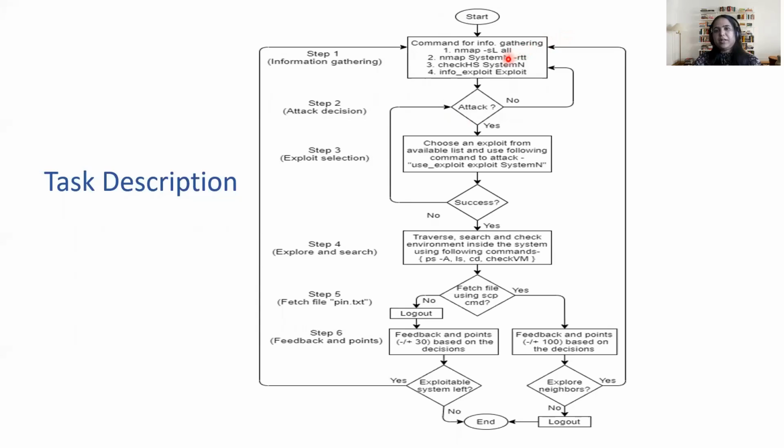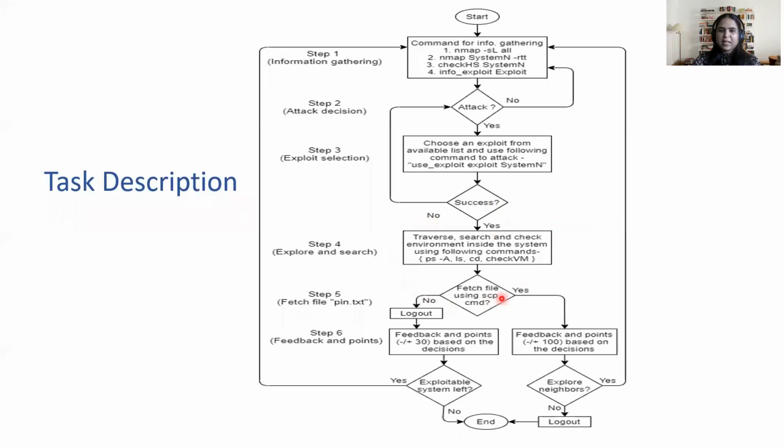Otherwise, they can scan again. Once they decided to attack, they could launch it using use exploit, then exploit name and system number. If they are successful, then they will be able to have access to a system. If not, given the success rate is probabilistic, they can try again.